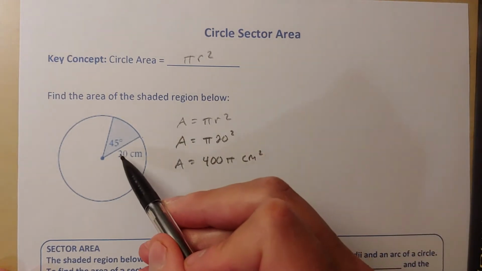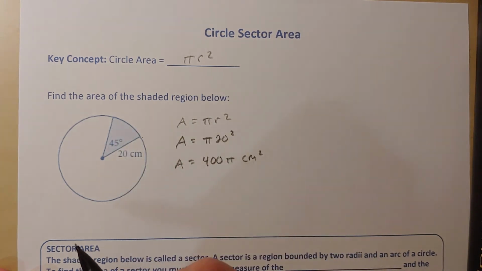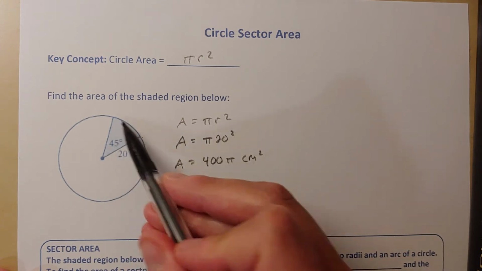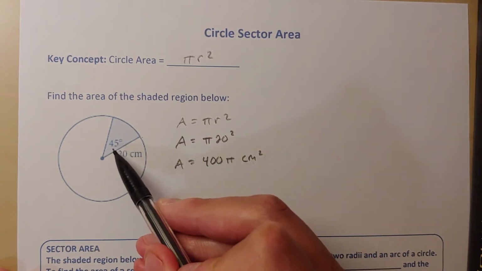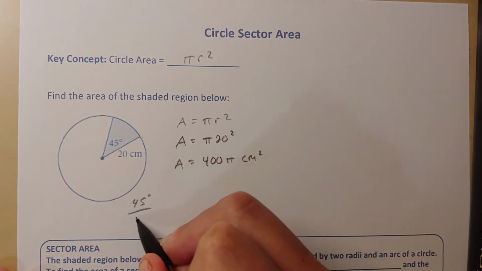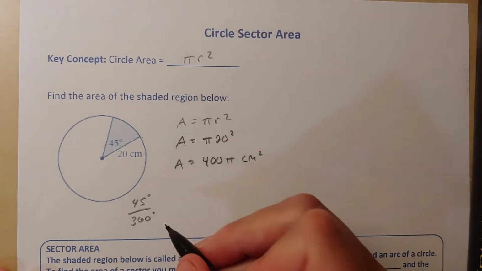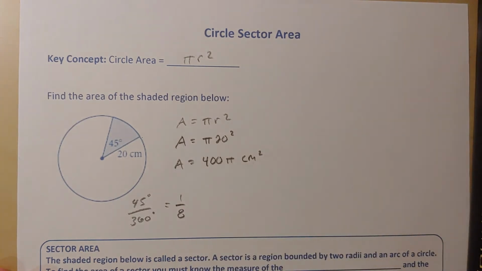But we don't actually want the entire circle. We just want this little 45-degree wedge. So the question becomes, well, how much of the circle is this? And because we know that angle, we can figure that out. This wedge is 45 degrees out of a total possible 360. Simplifying this fraction, you would get 1/8.